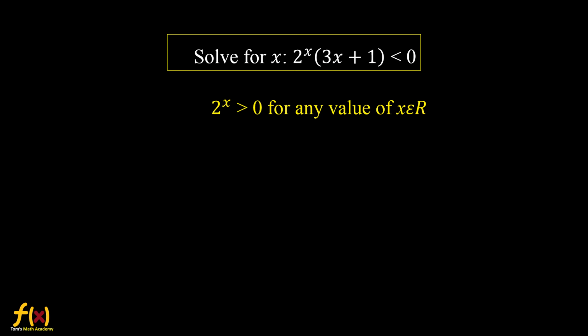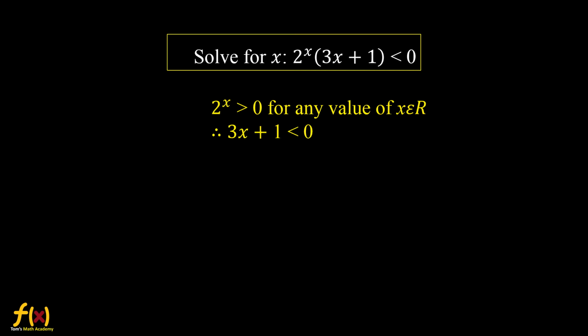You can check on the calculator any number you substitute for x, all the answers will be greater than 0. Therefore, our question 2 to the power x times (3x plus 1) must be less than 0. The product must be negative. So 2 to the power x is anyway positive. So which is negative? Positive times negative. 3x plus 1 must be negative.